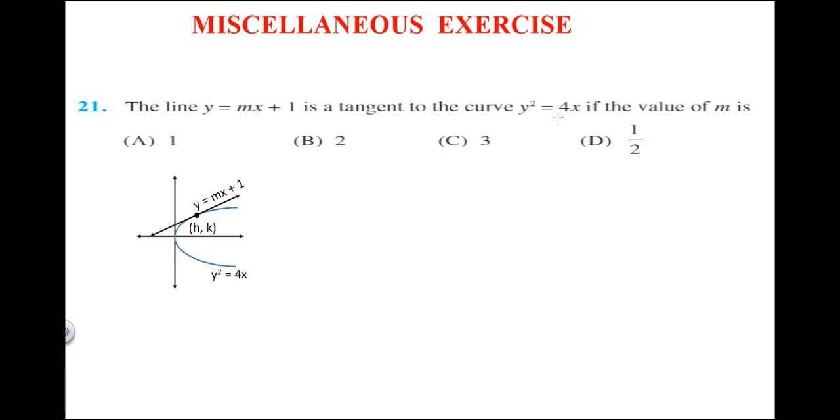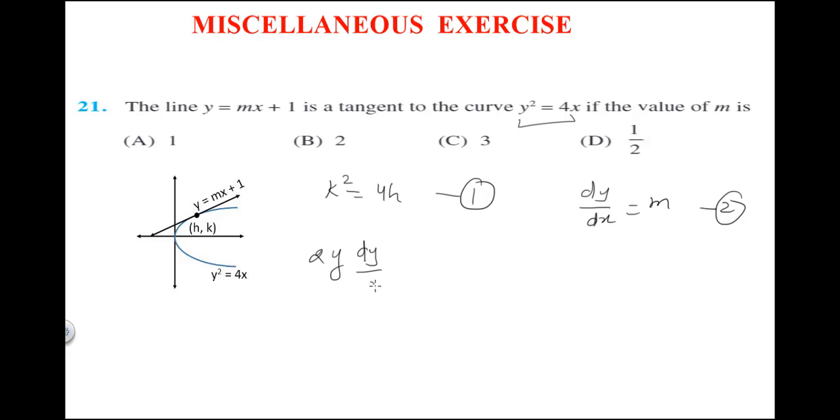So definitely it is going to satisfy the equation. So we can write that k square equals 4h. Let this be our first equation. Now y equals mx plus 1. From here dy by dx will be equal to m. Clear? Now differentiating y square equals 4x, we have 2y dy by dx equal to 4.